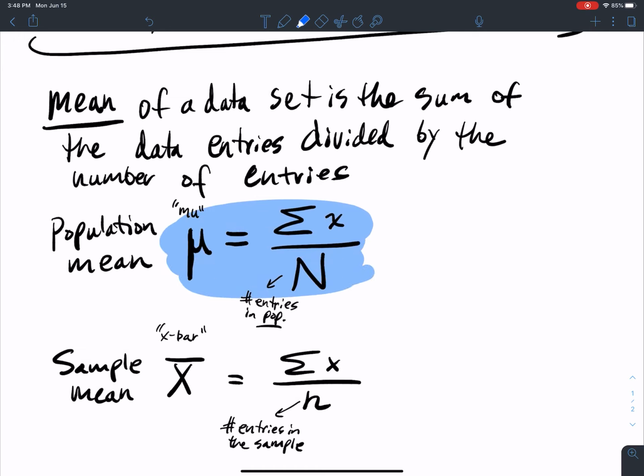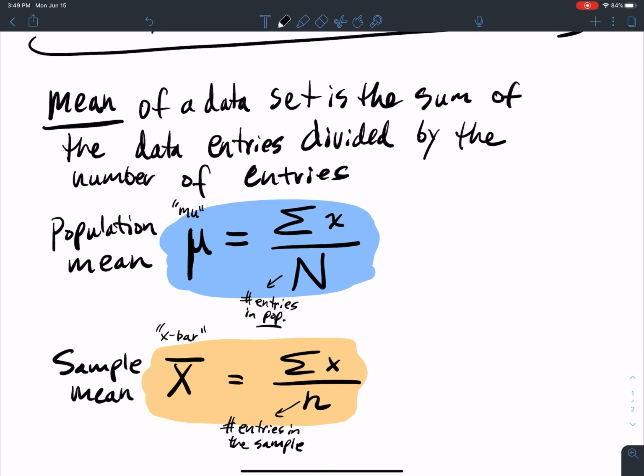Okay, so two different things, but mathematically they are equivalent. This is what's known as an unbiased estimator. Okay, x bar is an unbiased estimator for mu, since mathematically there's no bias there.